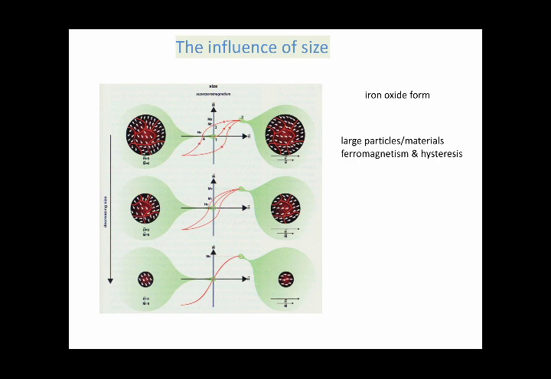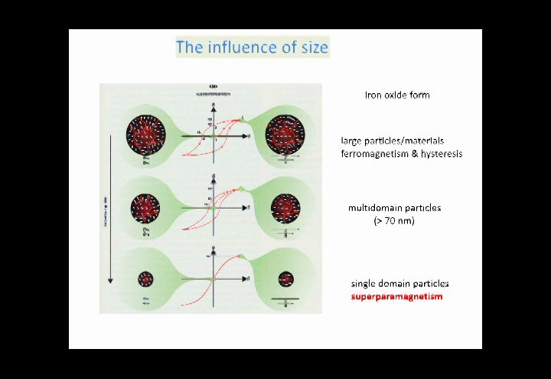And when you provide an external magnetic field, they can have different directions of motion. However, when you reduce the size, you see that the area of the hysteresis loop is reduced, and this is the superparamagnetic behavior, which is more visible at nanoparticle size.